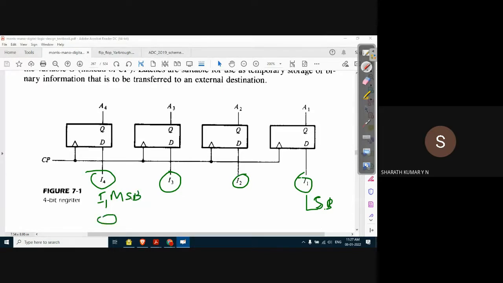For example, let's say the data input is 0010. On the application of the clock pulse, on the rising edge, all these inputs are provided to the flip flops, and the output of this 4-bit register becomes 0010. Very simple.